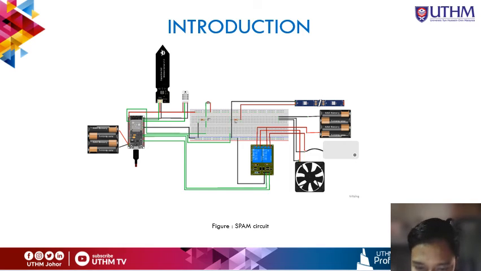I use a dual channel relay to connect the pump and fan. But for the LED, I just connect it directly with a resistor and the power to the PWM pin of the NodeMCU.